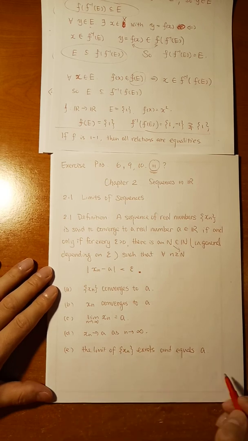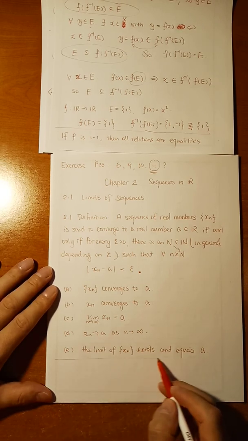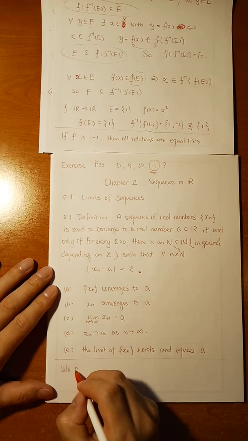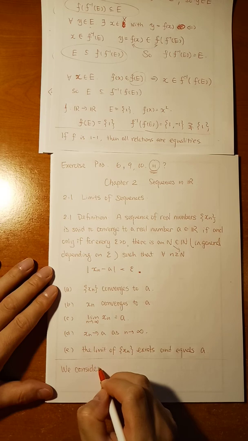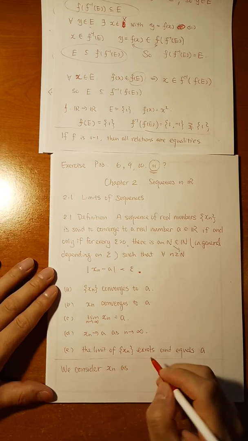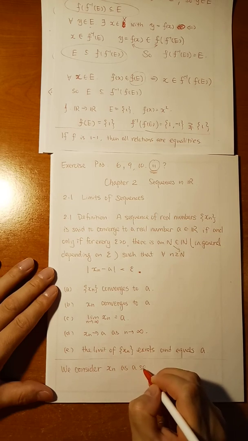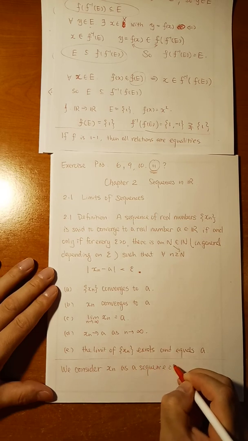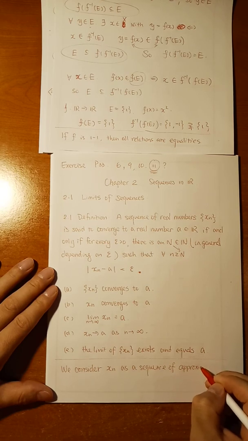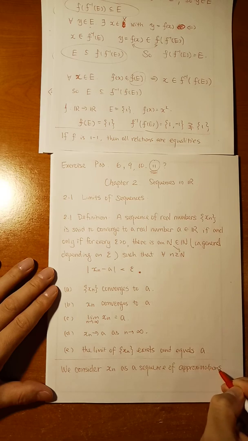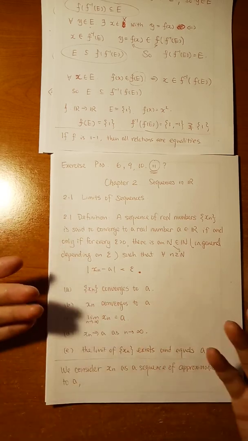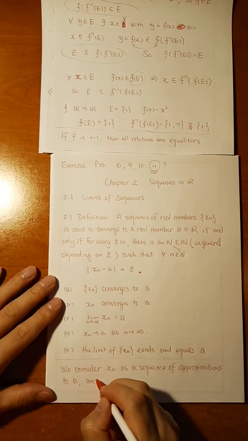In the book it gave a very good description. We consider xn as a sequence of approximations to A. For these approximations, how do we control the error?